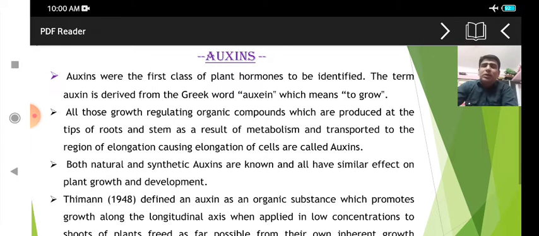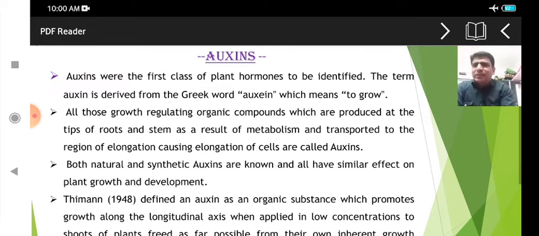They are responsible for promoting elongation of the region, and they are transported to the lower region, called basipetal movement, towards the base. This transportation is responsible for the elongation of cells. Any part that has grown by these particular organic components is due to auxins.